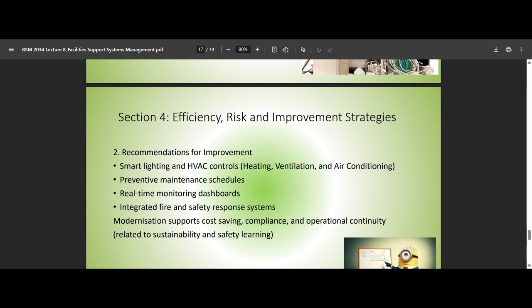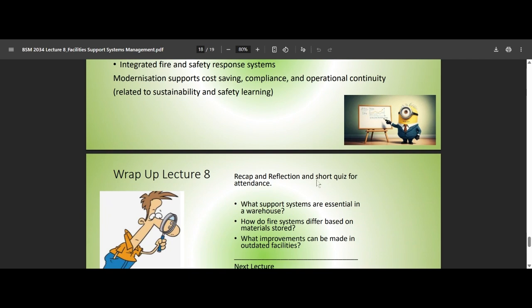Because we can't keep changing to new things, and if we keep on doing that, our organization and our facilities may not be sustainable.